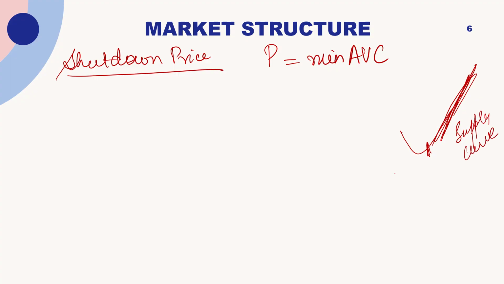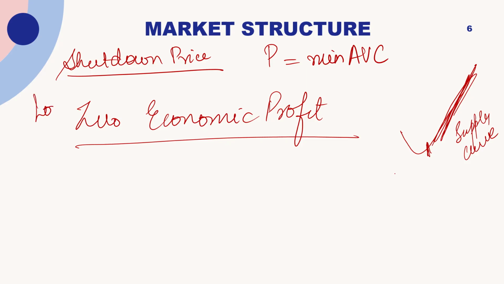Now, when we talk about the long run, profit will be there. But in loss, we can say that the exit is easy. And in the long run, you should always remember that we have zero economic profit. Very important point. In the long run, irrespective of anything, you will have a zero economic profit, or you can say normal profit, anything.